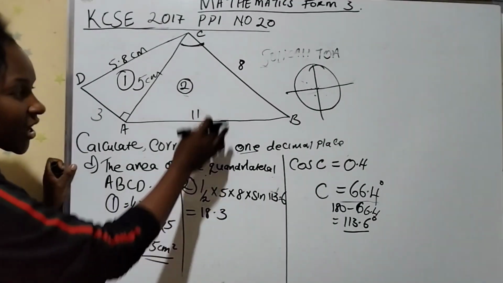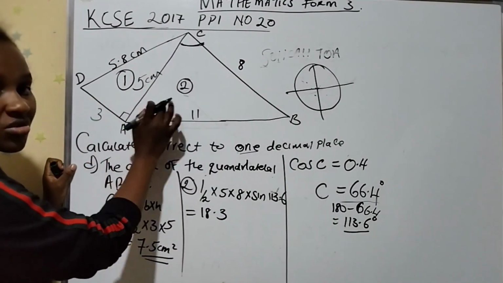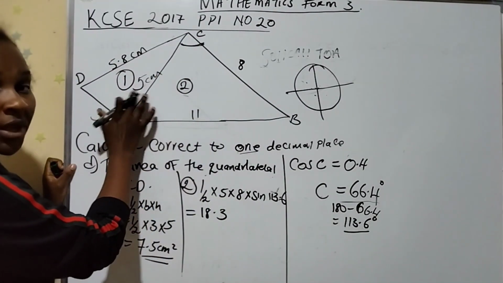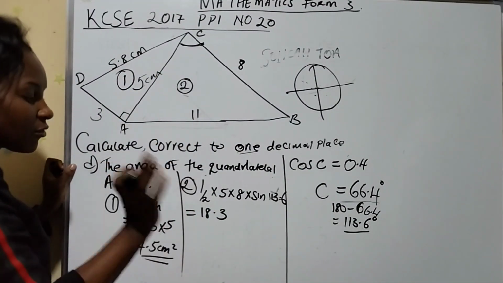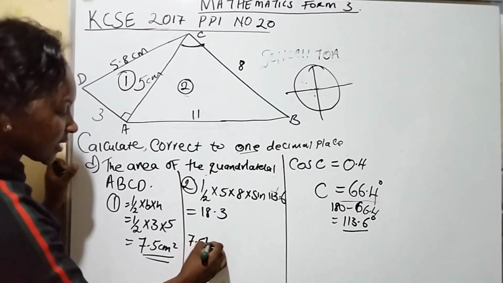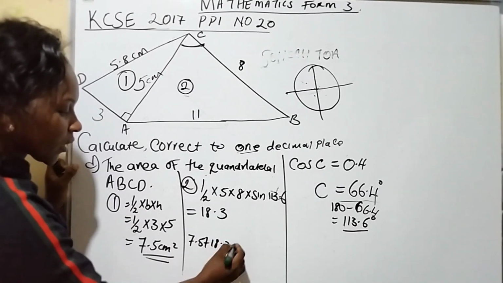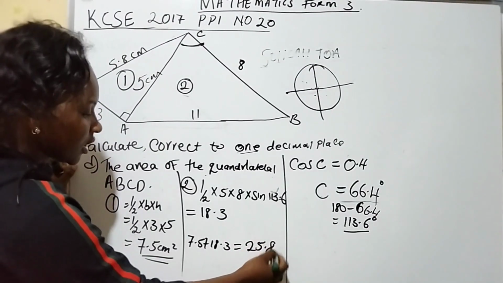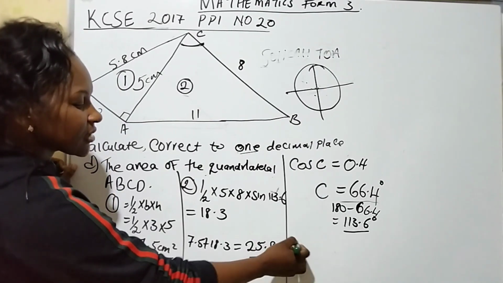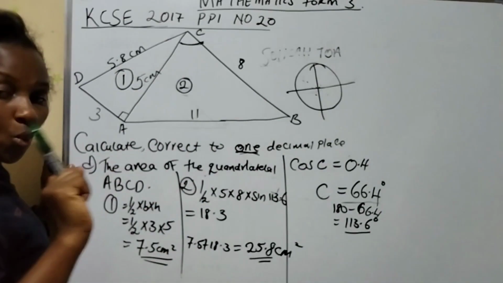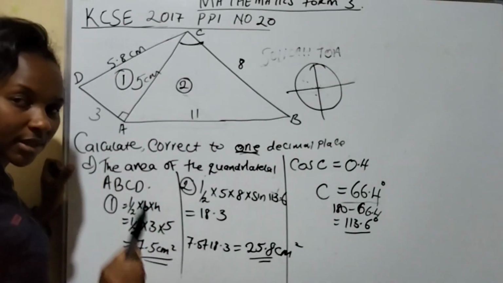Now for us to have the area of the quadrilateral ABCD, we add the two areas. That is 7.5 plus 18.3, so we get our answer as 25.8 centimeters squared. Remember to give our answer to 1 decimal place.